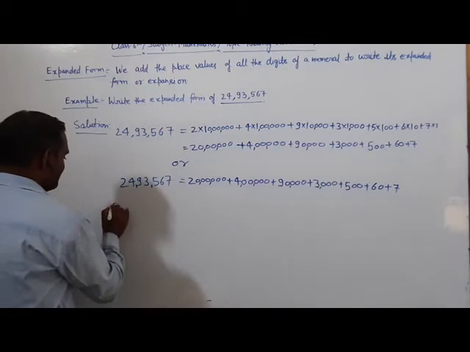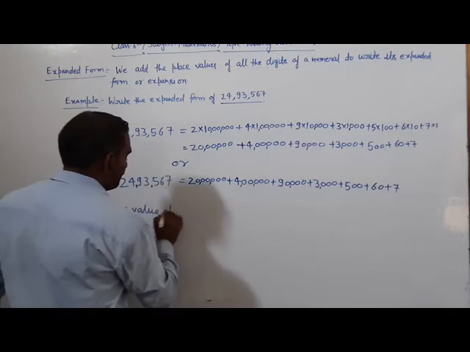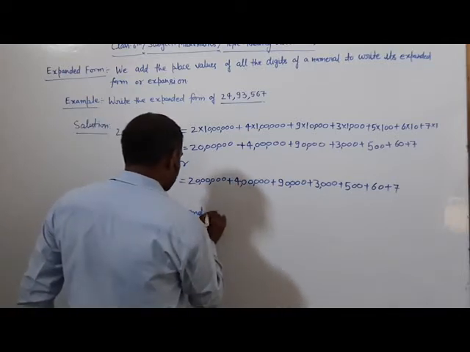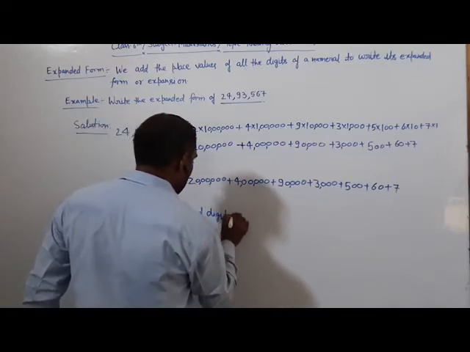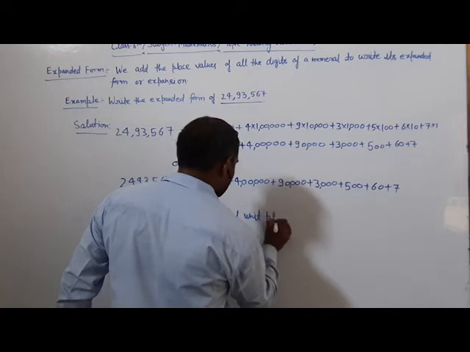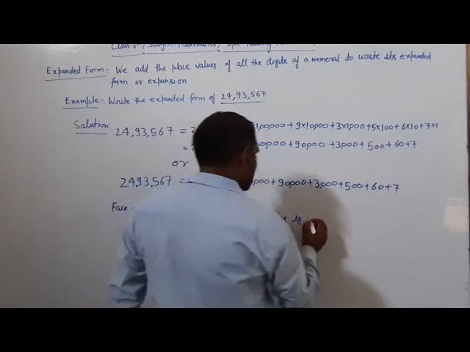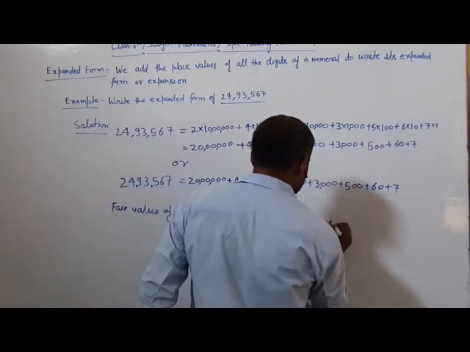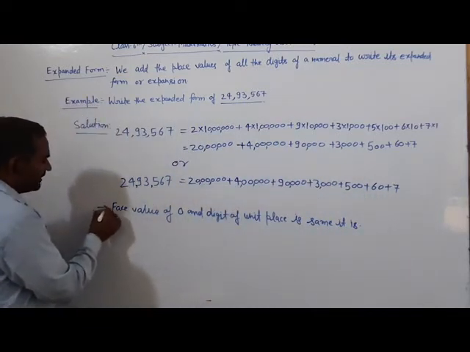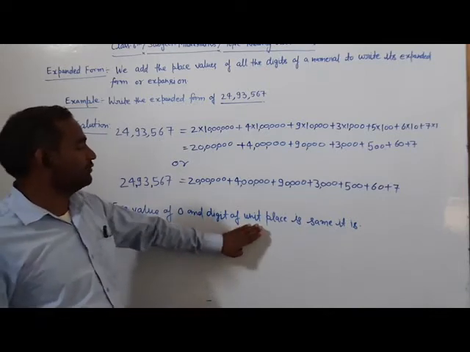This is an important point, that the face value of 0 and the digit of unit place are the same.